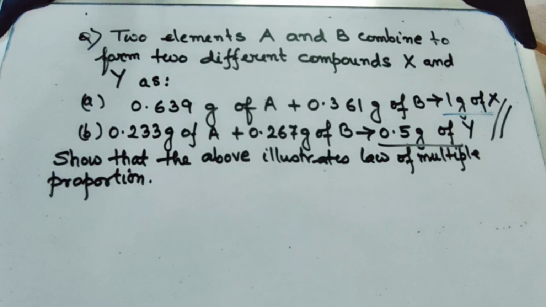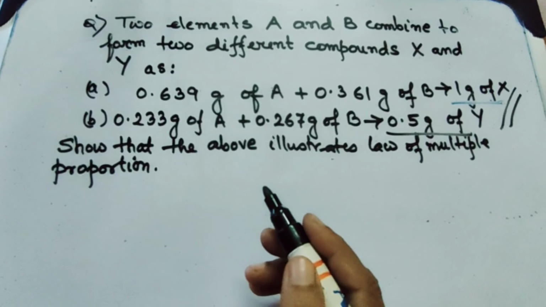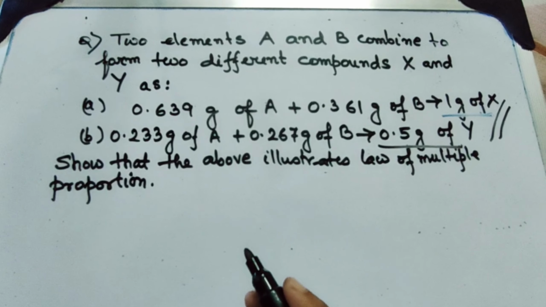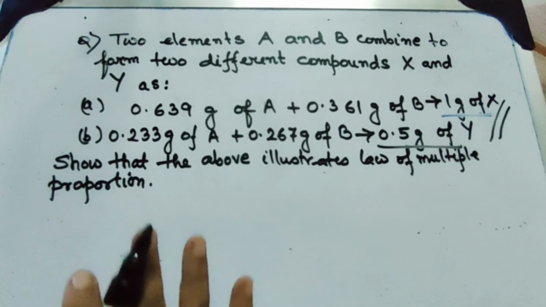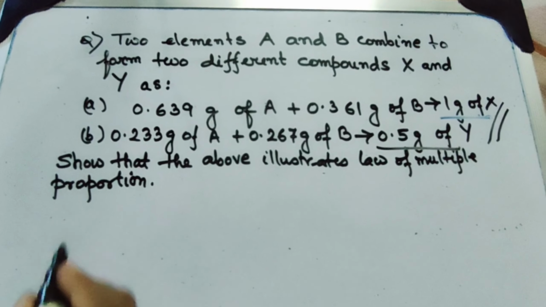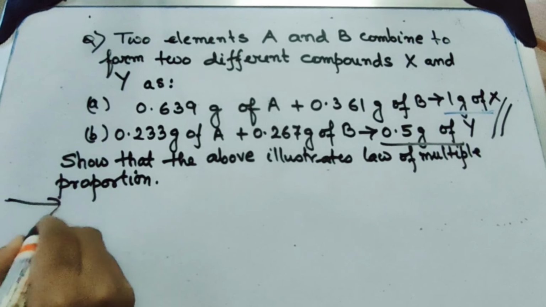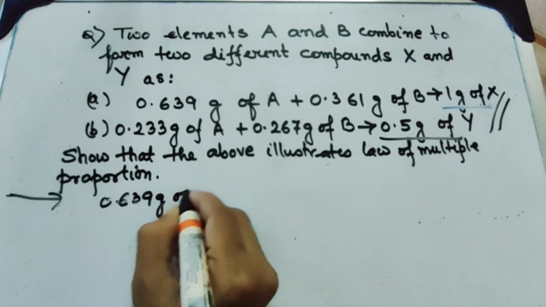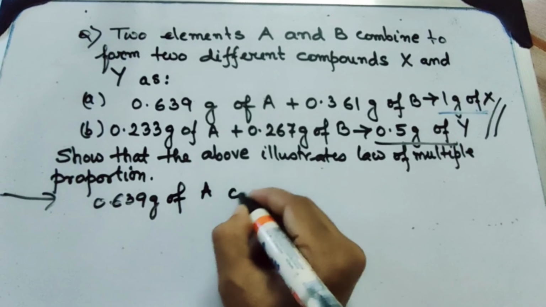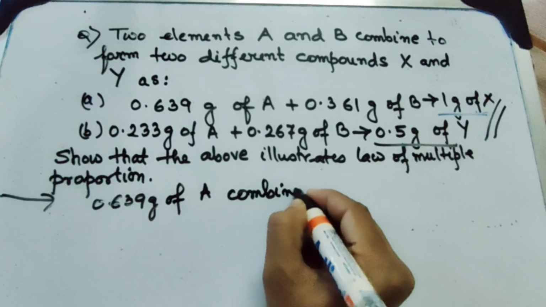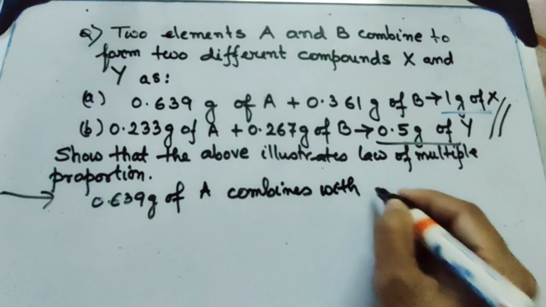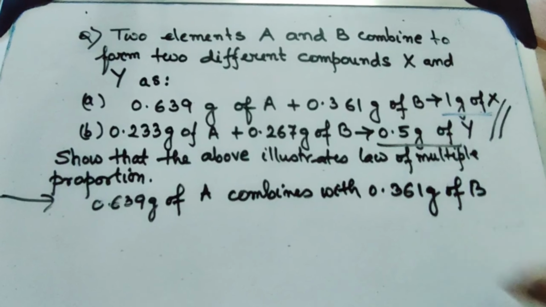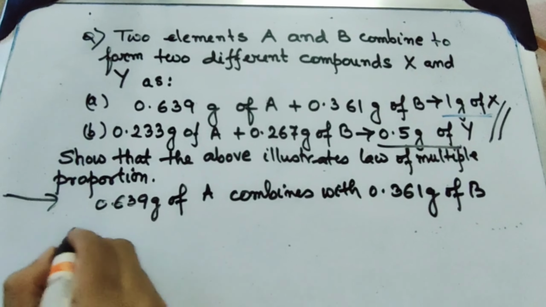Now here we are not seeing any fixed parts by weight or fixed mass of any element like we have seen in CO and in CO2. Here the masses are different. So what we can do is, 0.639 gram of A combines with 0.361 gram of B. So we can bring it down to unit mass.